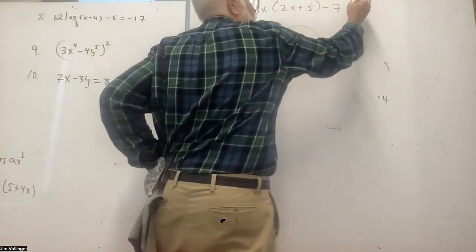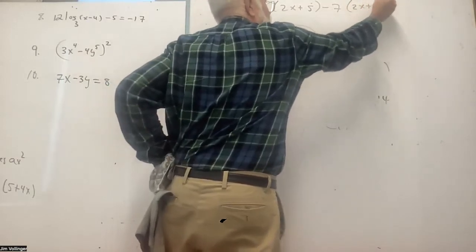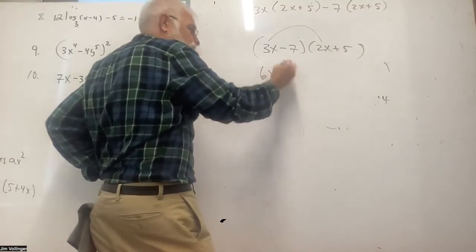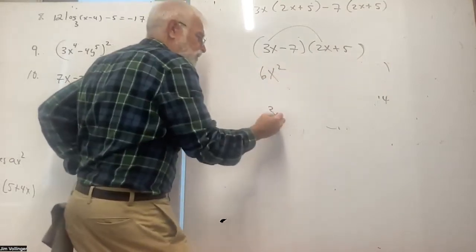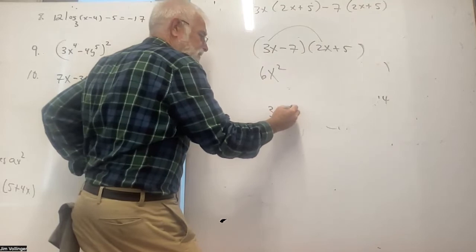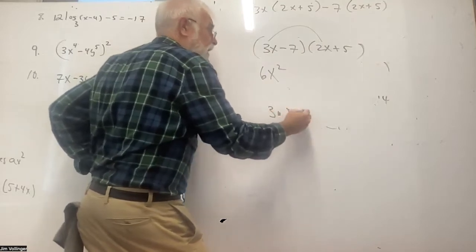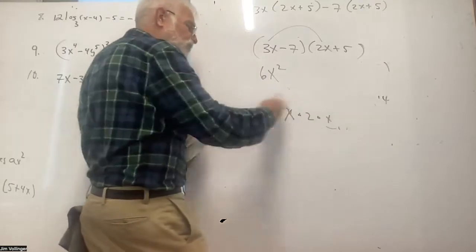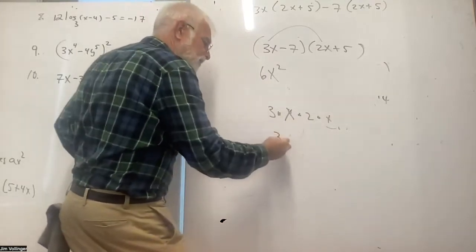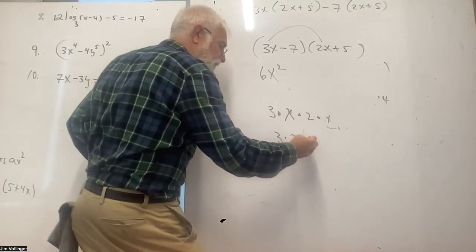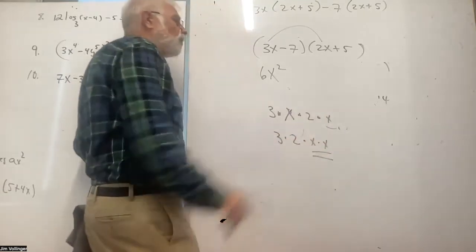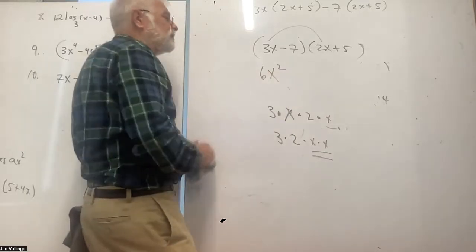Do it separately. 3x times 2x is 6x squared, because you're doing 3 times x times 2 times x. In class, we said you can rearrange that to be 3 times 2 times x times x.